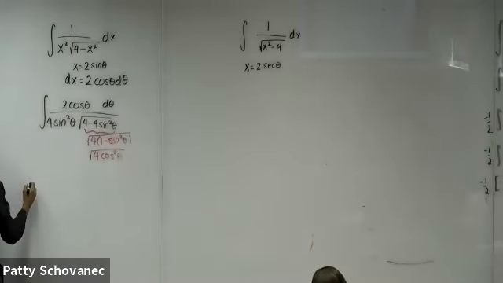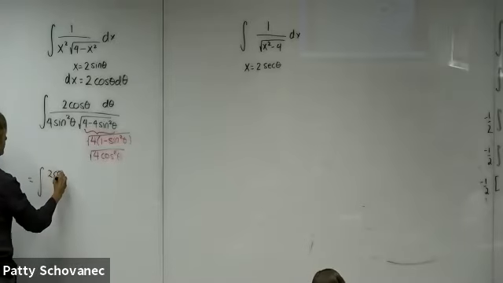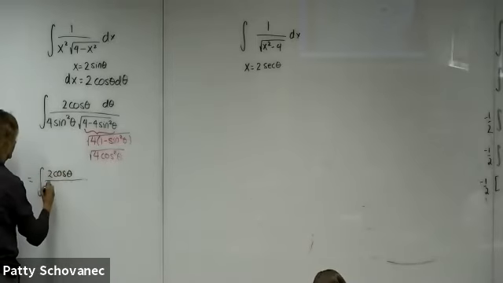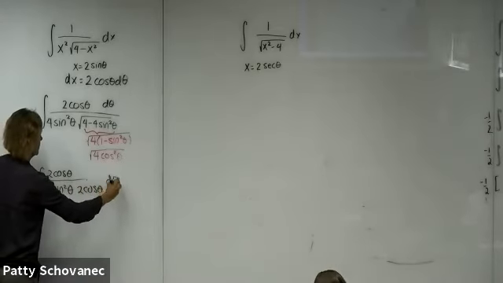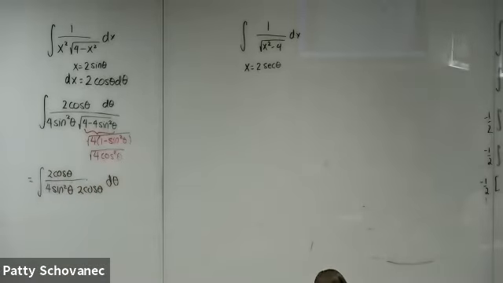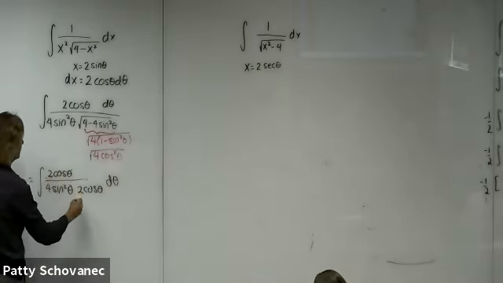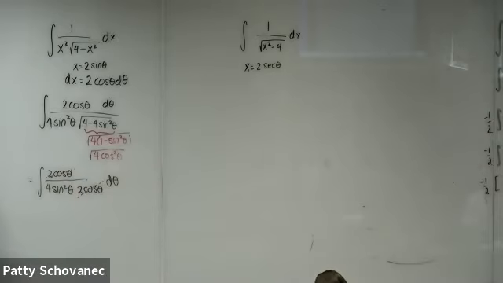Now let me rewrite that. I've gotten rid of the radical sign with the trig sub. We'll also get rid of the 2 cosine theta. I can take the 1/4 out front.